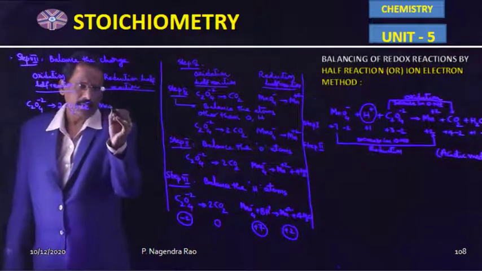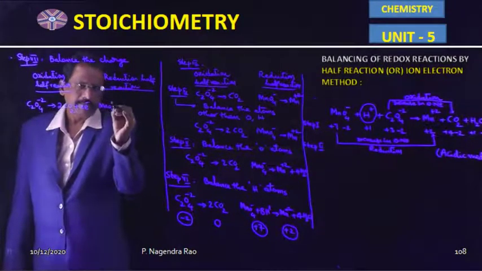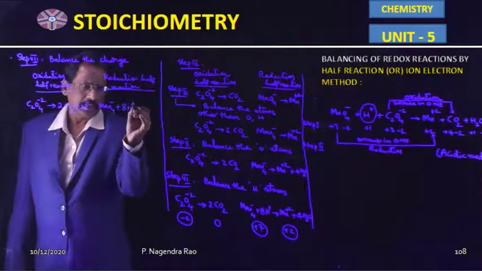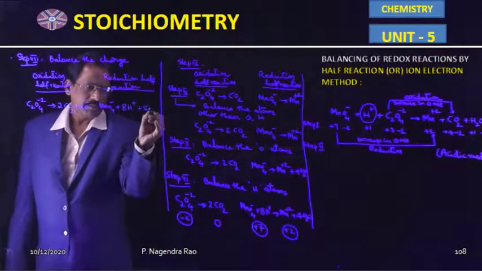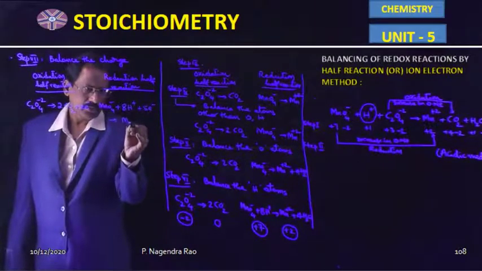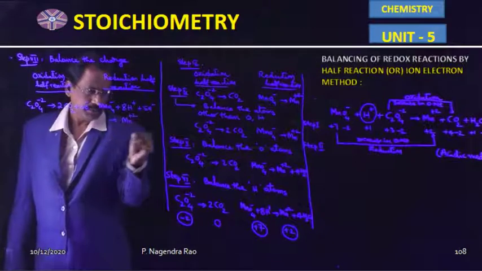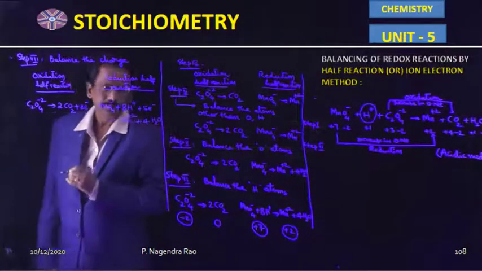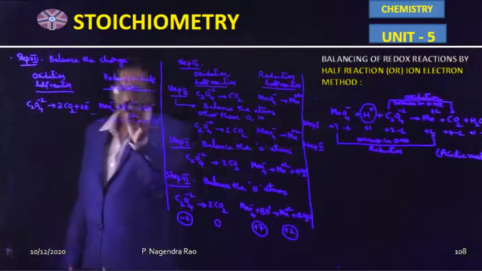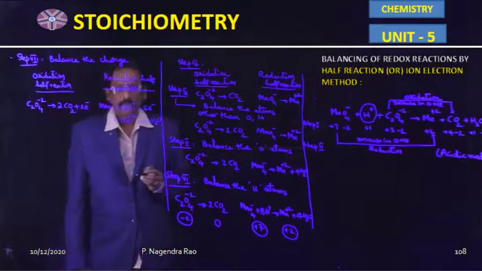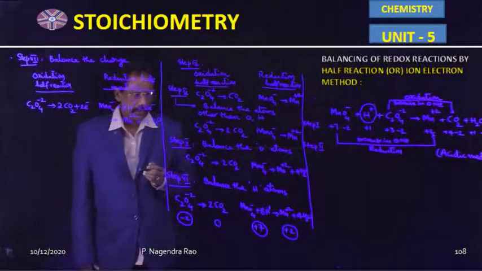So MnO4 minus plus 8H plus 5 electrons gives rise to Mn plus 2 plus 4H2O. Minus 6 and plus 8, that is equal to plus 2.